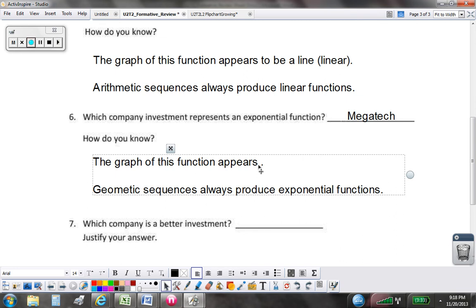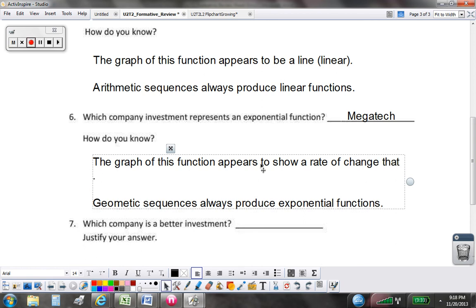The graph of this function appears to show a rate of change that produces a greater difference than the previous.